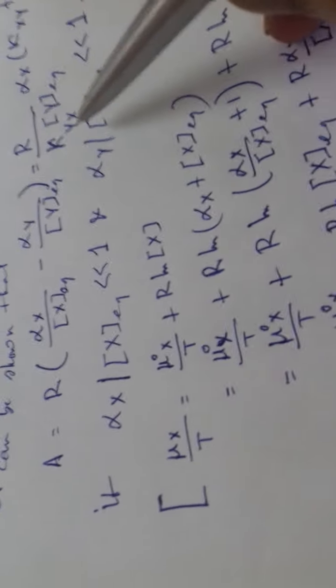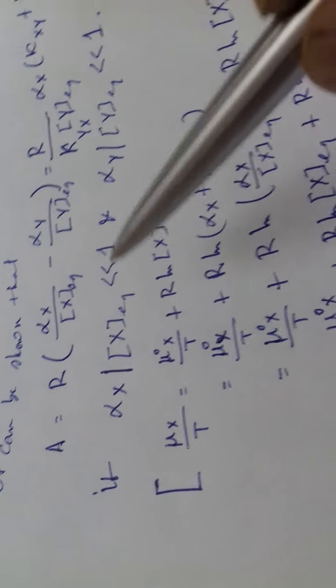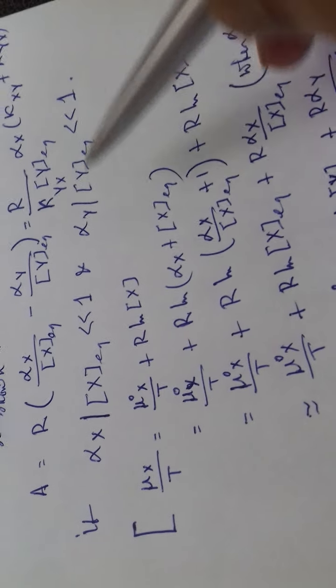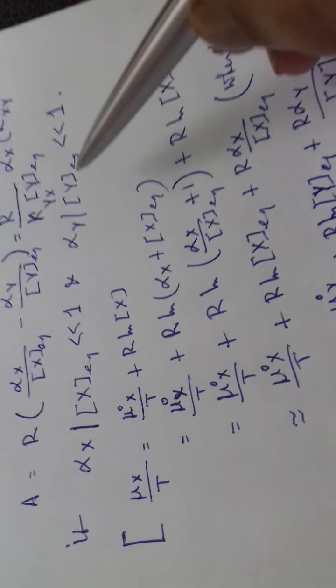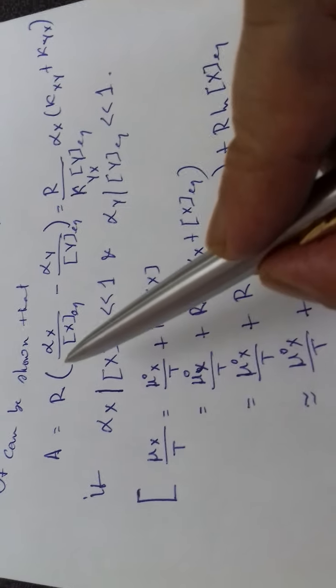That can be shown. That is true if and only if alpha x by xeq is much less than 1 and alpha y by yeq is much less than 1. That is, this is possible only when the reaction is very close to equilibrium. Anyway, we need to establish A equal to this or this.